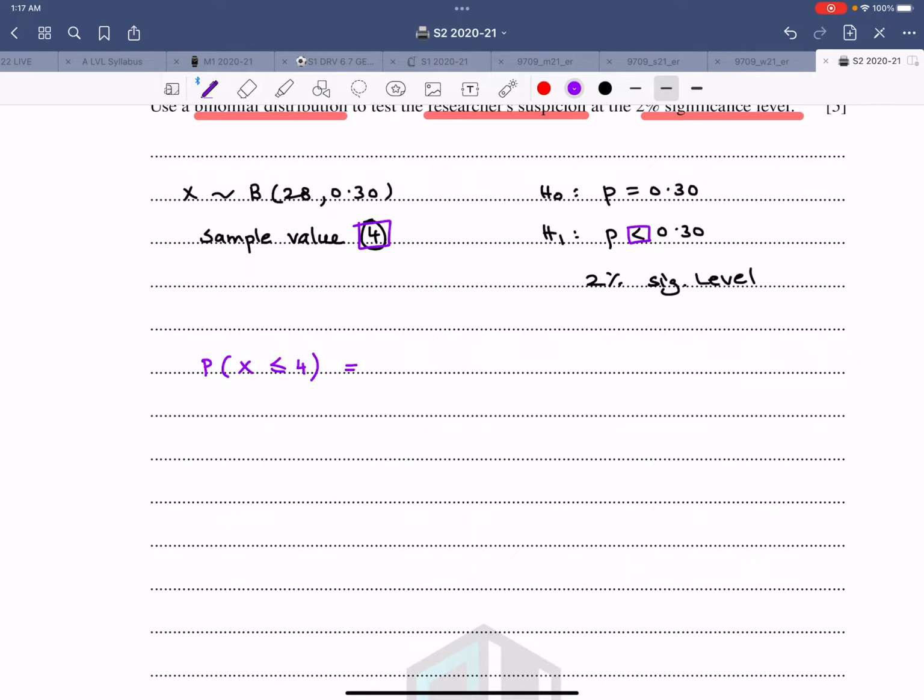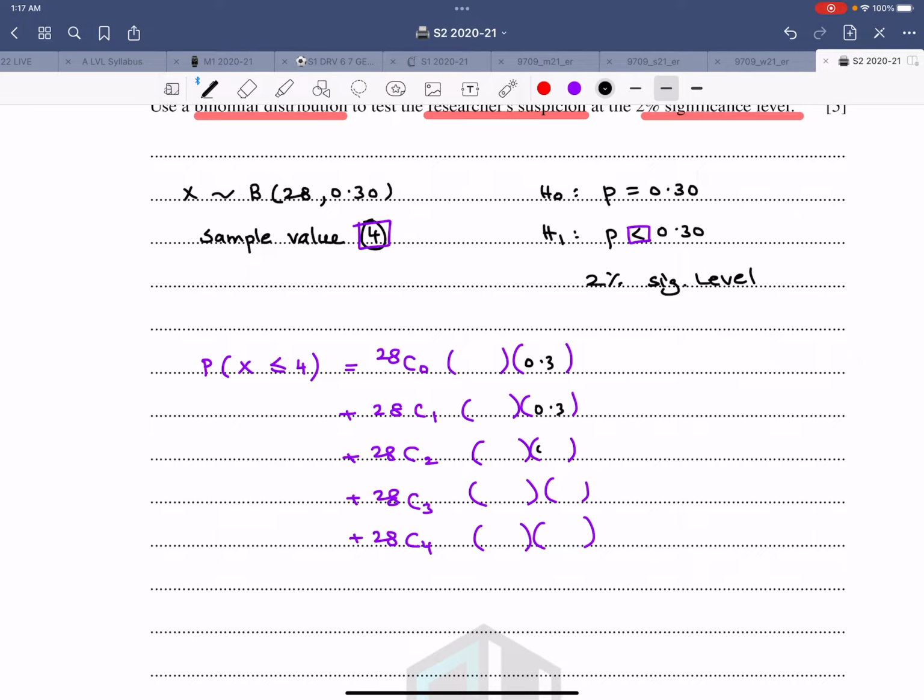Using the binomial formula, 28C0, that's the first one, 28C1 and 28C2 and 28C3 and last but not the least, 28C4. So 5-term calculation is what you are supposed to do. This is 0.3 all the way, and this one is 0.7. And what are you calculating?